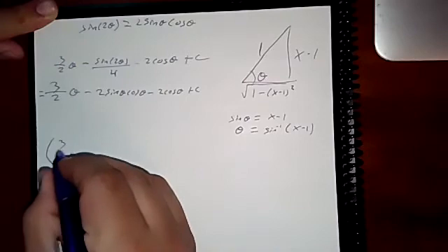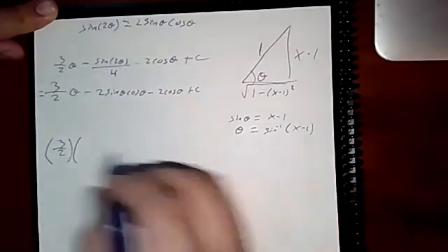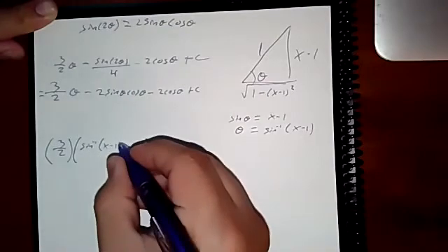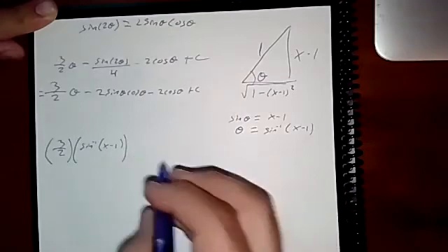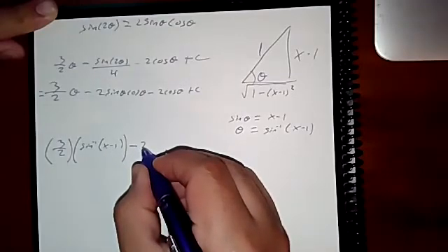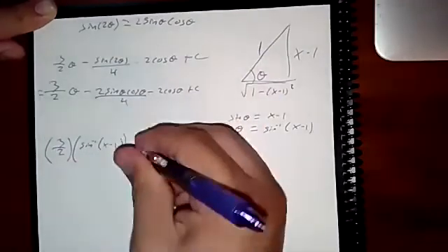So 3/2 times sine inverse of x minus 1, that's the first piece, minus 2, oops, I've got the 4 down there. So that'll be just over 2 now, right?